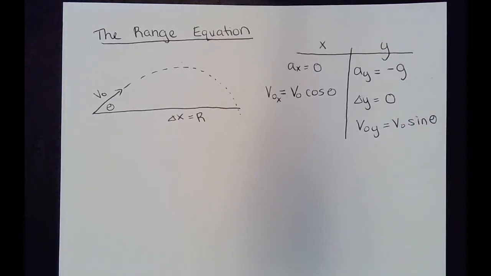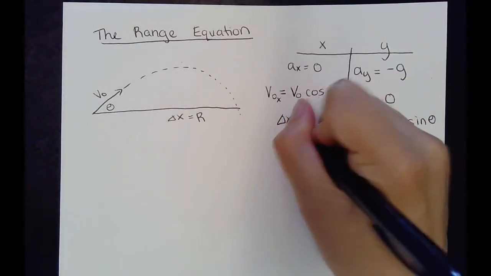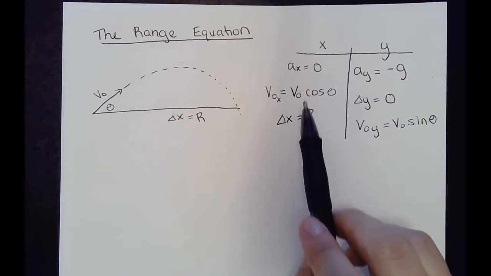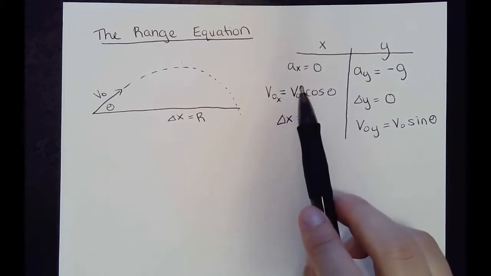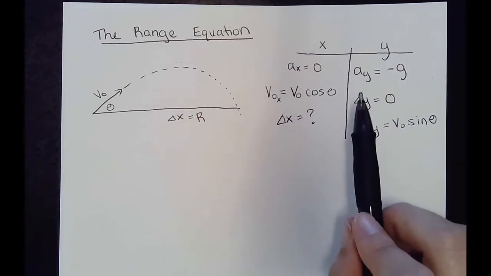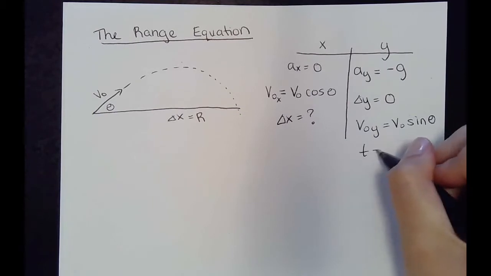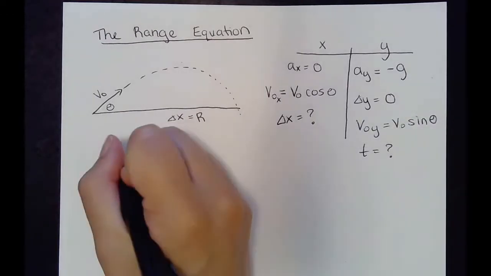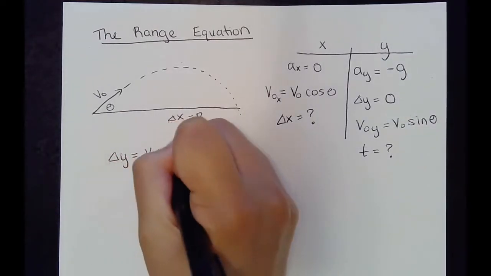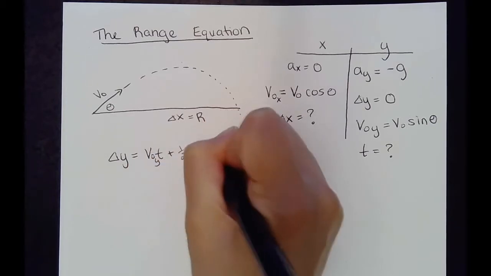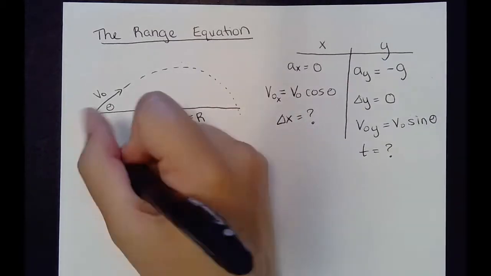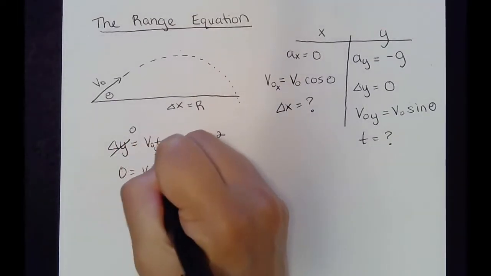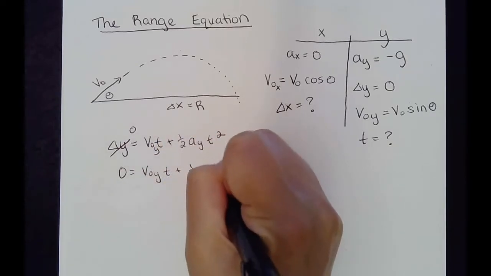Okay, so let's look first. If we want to determine delta x, in order to do this, I'm going to need to find the time. And there wouldn't be enough information in this x direction with just v initial and a in order to find time, so we'll look at our y information and use this to find the time. So we choose an equation with a y, delta y, v naught y, and t, which is this one, delta y equals v naught y t plus 1/2 a y t squared. And now we know delta y is 0 like we did in the last problem. So we have 0 equals v naught y t plus 1/2 a y t squared.